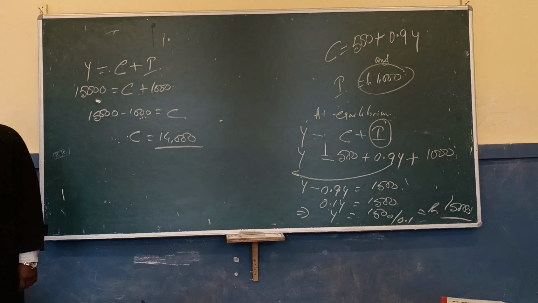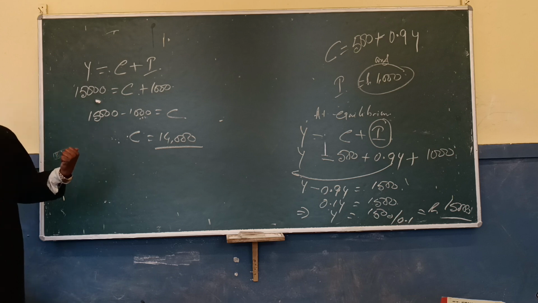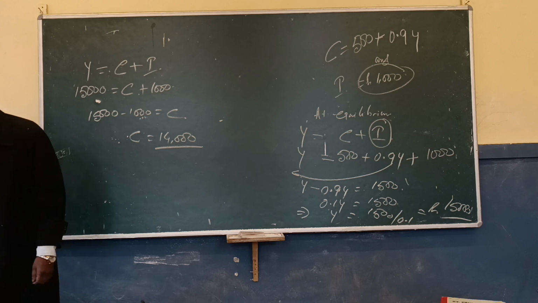Very good. So this is another type of sum. I have done two types: the easiest, the second one a little bit tricky, and now we come directly to the investment multiplier type of sum.